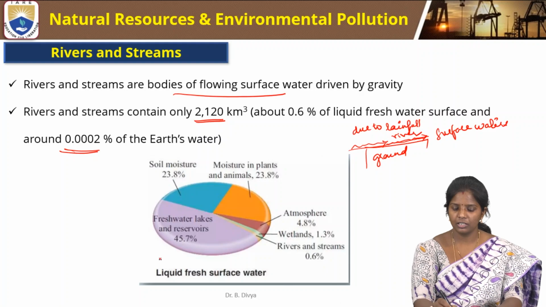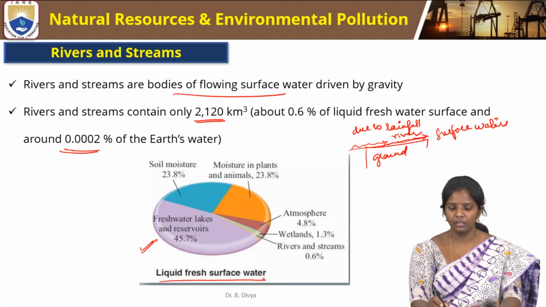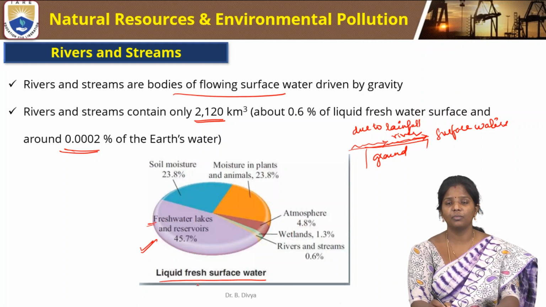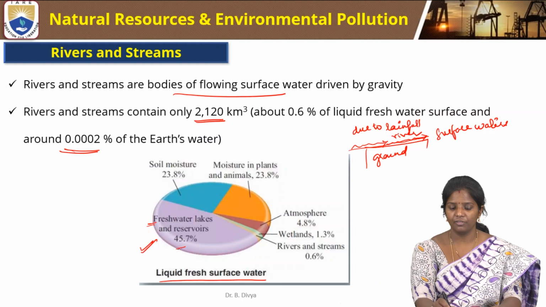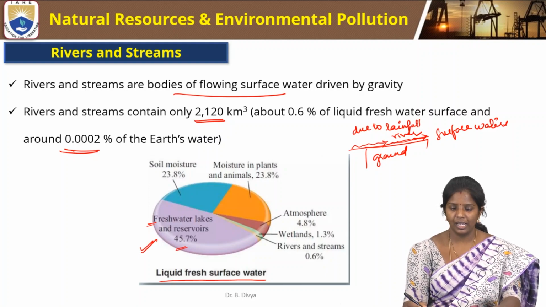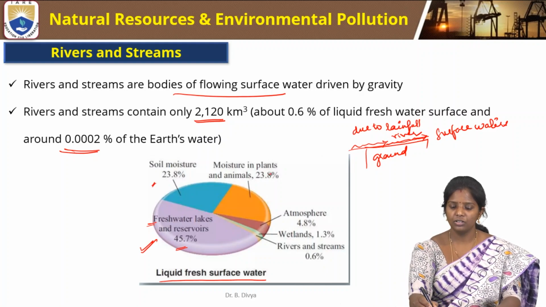If we see this diagram, we can understand very easily the liquid fresh surface water. Most of the surface water is in fresh water lakes and reservoirs, which is about 45%. The soil moisture is about 23%, and moisture due to plants.